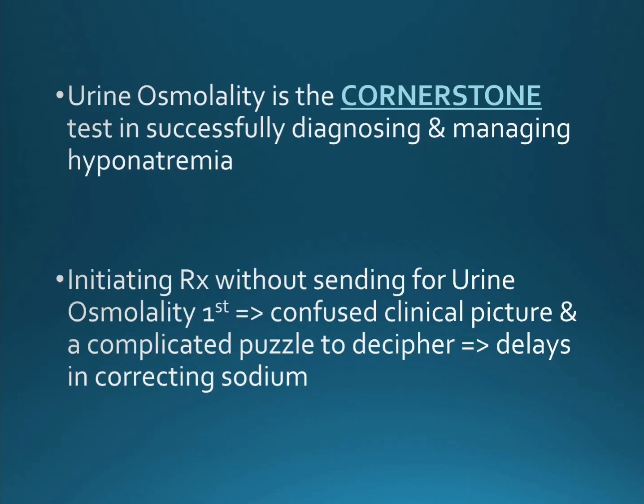Urine osmolarity is the cornerstone test, and doing it will help you successfully diagnose and manage hyponatremia. Initiating treatment without sending a sample for urine osmolarity first can confuse the clinical picture and create a complicated puzzle that's difficult to decipher, and that might delay the correction of sodium.